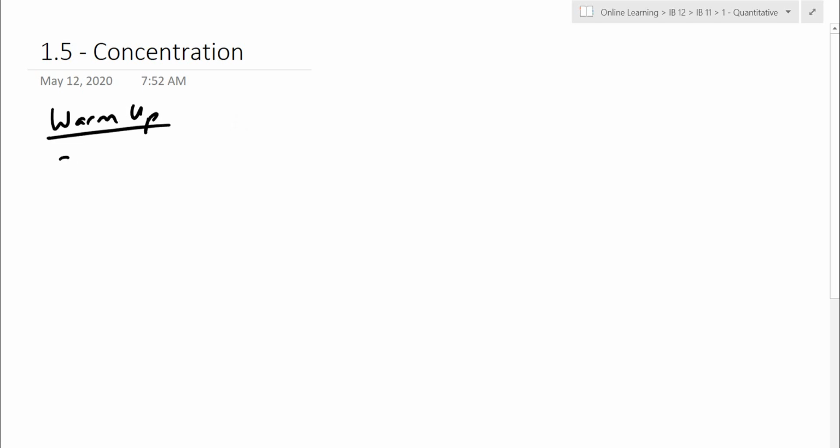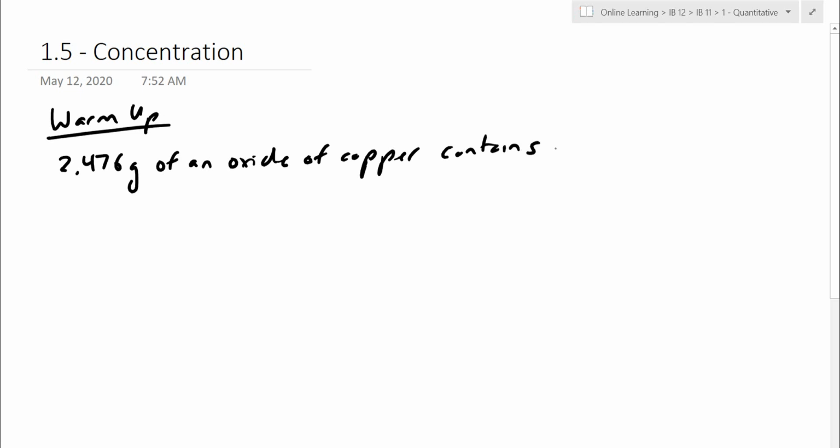So we'll just do this as a quick warm-up. What we're told in this question is we have 2.476 grams of an oxide of copper that contains 2.199 grams of copper.